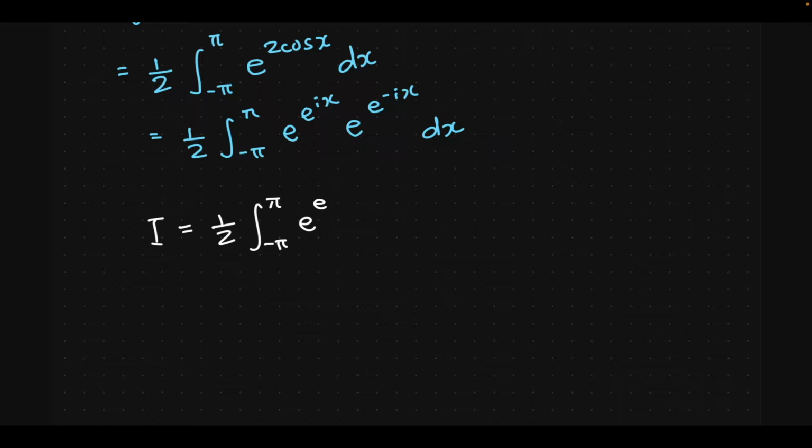So we have e to the ix, sum k equals 0 to infinity of e to the minus ix to the kth power over k factorial, dx.